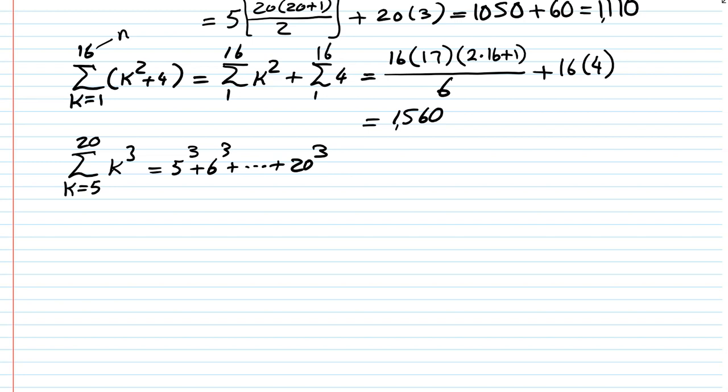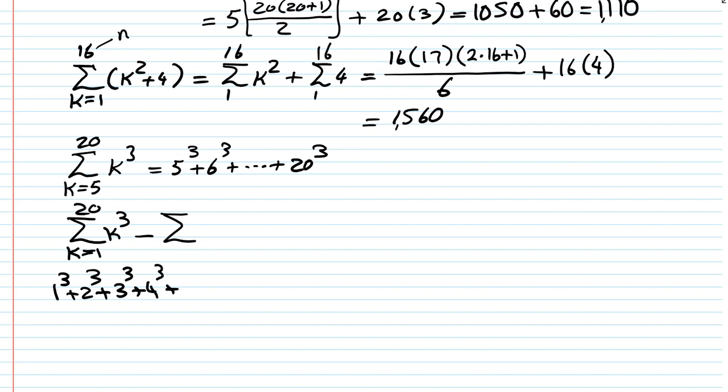So what we're saying is this. Why don't I do sigma from 1 to 20 of k cubed, and then subtract from it? Because when I go from 1 to 20, am I not doing 1 cubed, 2 cubed, 3 cubed, 4 cubed, 5 cubed, and so on, right? Isn't that what I'm doing? But then if you look at that, I only want from 5 cubed to 20 cubed.